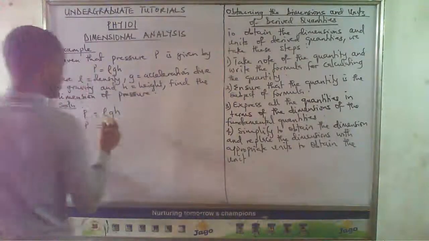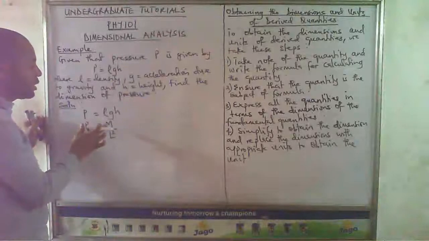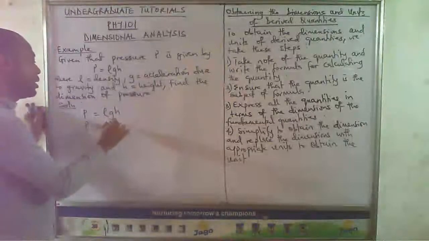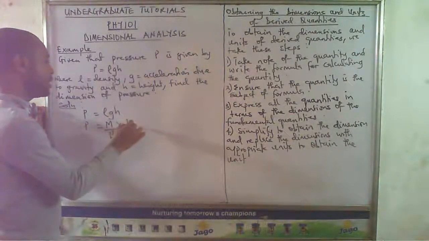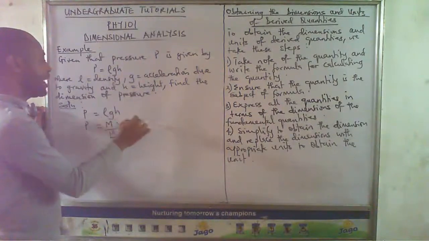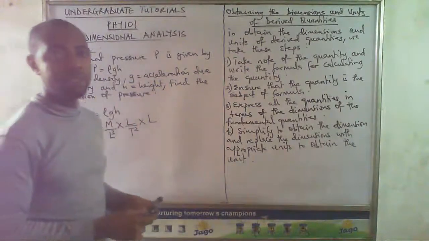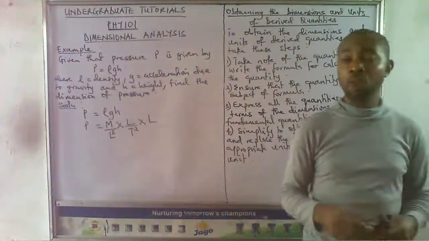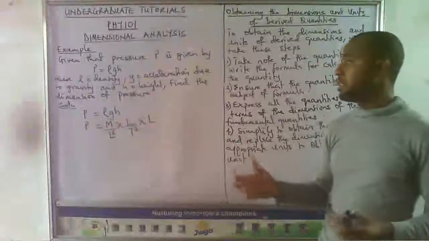So density is mass over volume, and the dimension of mass is M, the dimension of volume is length raised to power 3. The dimension of acceleration due to gravity is length per time square, and the dimension of height is also length, because height, depth, diameter, radius, distance, displacement, wavelength, amplitude, thickness are all the same as what?